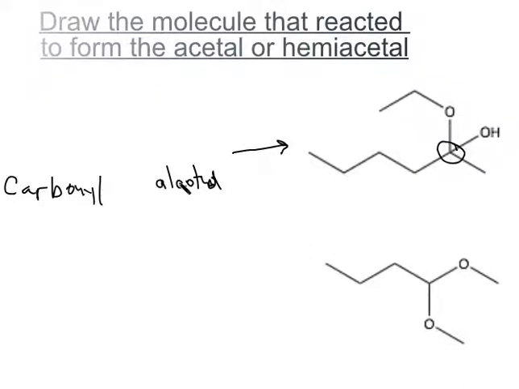And we know we're going to have just one alcohol because we made a hemiacetal. So on this acetal carbon of the hemiacetal, where this is, this will now be changed into the carbonyl.